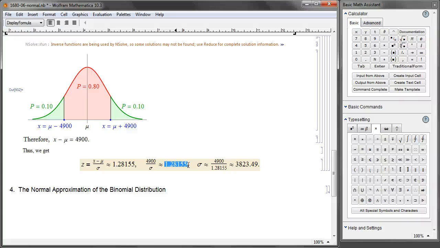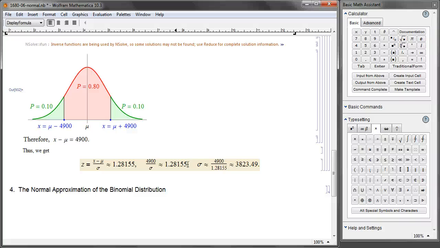Well, here in my notebook, I used a little bit better figure than that normal table figure. The normal table figure is 1.28 only, but here I got a little bit more accurate figure. Well, more can always replace less, so a more accurate figure will be a little bit better.